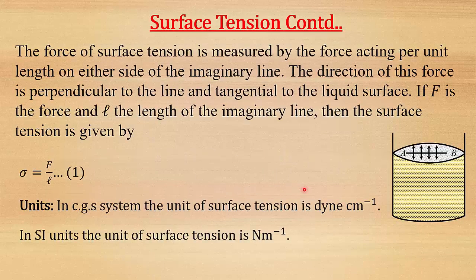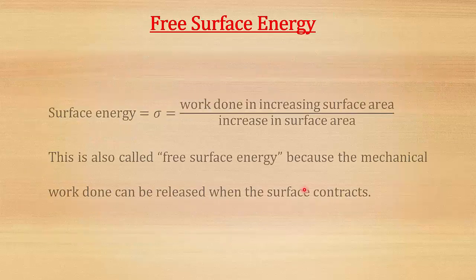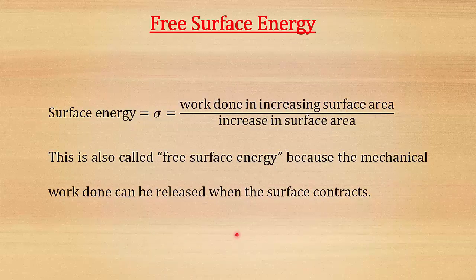You can observe this picture here, A and B. This is the imaginary line. Is it clear? Length L. And this is tangential to the surface. Is it clear? So the mechanical work done can be released when the surface contracts. So we considered surface energy.